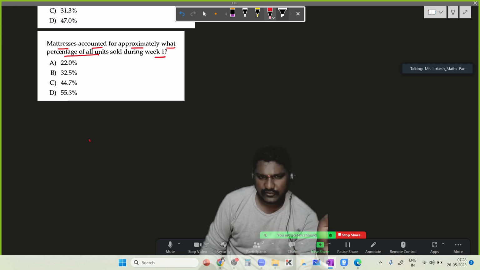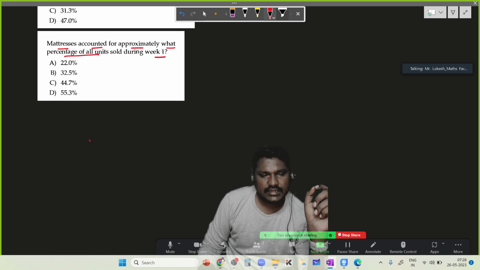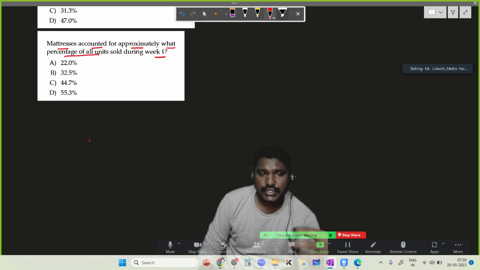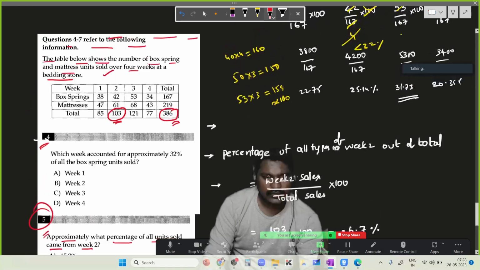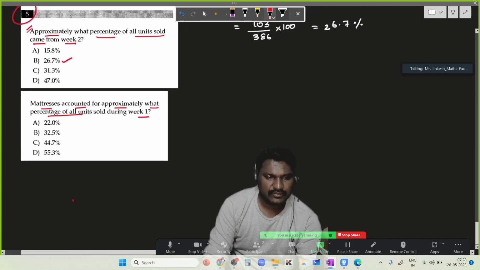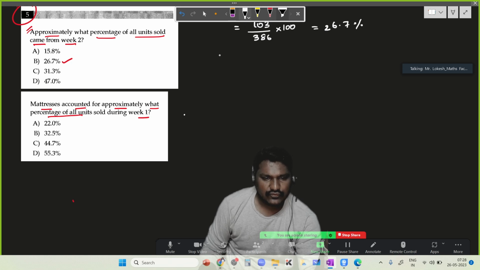If you read the question carefully, he is particularly asking about the mattress type only. That means the number of mattresses in week 1 by total units in week 1, into 100. In week 1, 47 mattresses are sold out of a total of 85. So we have to do a simple calculation: 47 by 85 into 100.